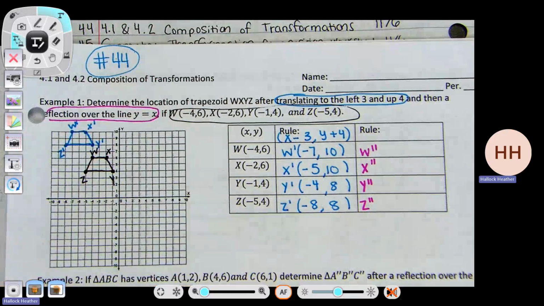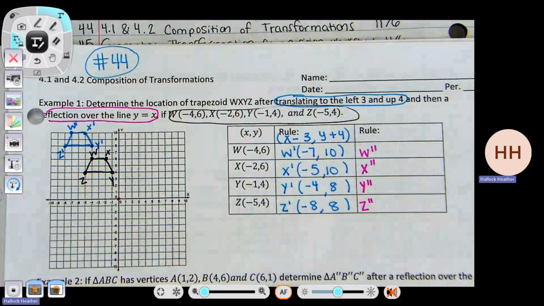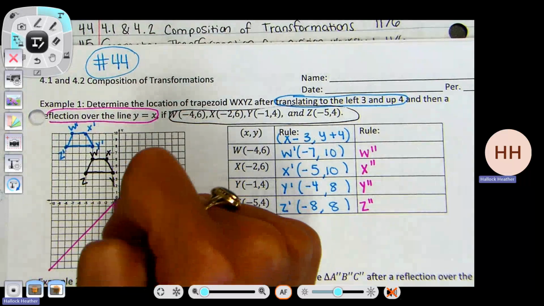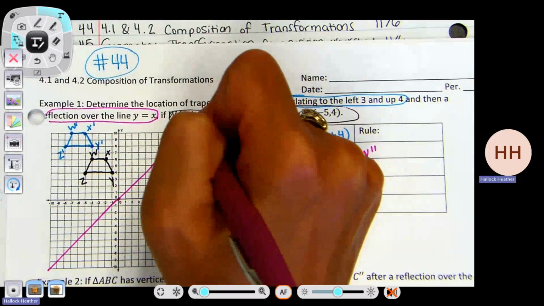Does anybody remember what that line looks like? Yes, it is one of the diagonals. It has a positive slope. So if you start at 0, 0, because they're always going to start at 0, 0, it's a positive slope. So you're going up to the right corner. And technically it goes all the way across the graph. So this is my line, y equals x.